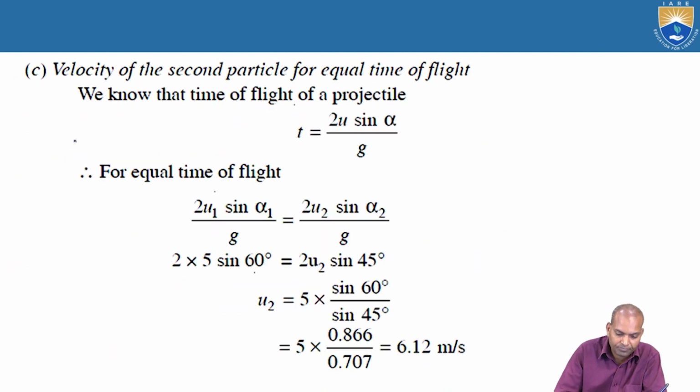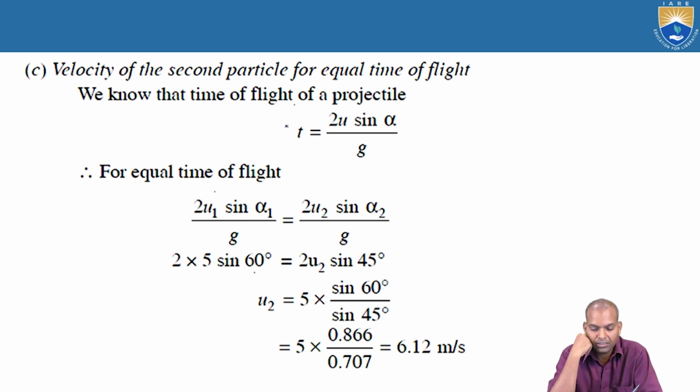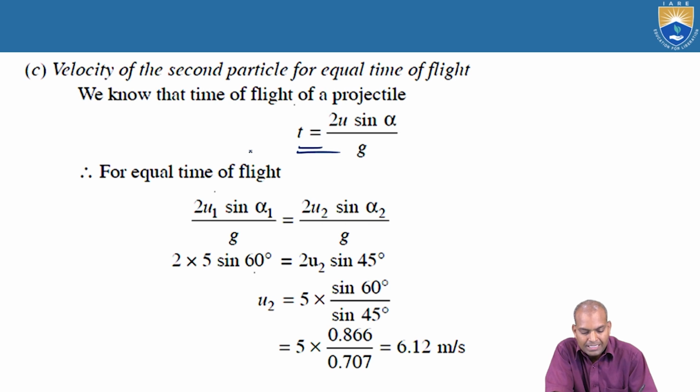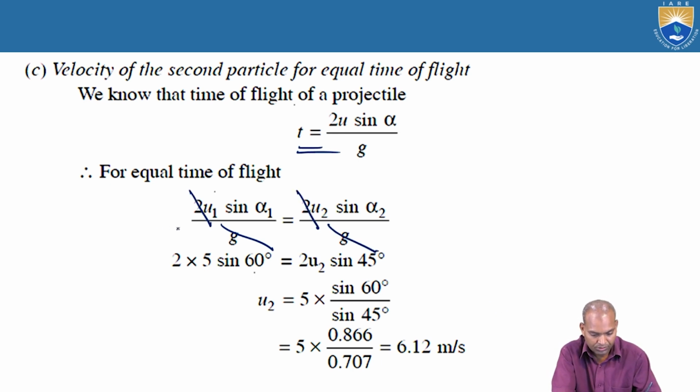Let us see. Now, the velocity of the second particle for equal time of flight, that is t equal to 2u sine alpha by g. Equate 2u1 sine alpha 1 by g equal to 2u2 sine alpha 2 by g. Cancel whatever is required on both the left hand side and right hand side: g and 2. So 5 sine 60 degrees equal to u2 sine 45 degrees.